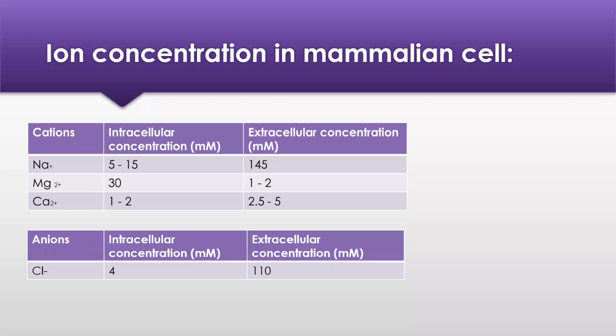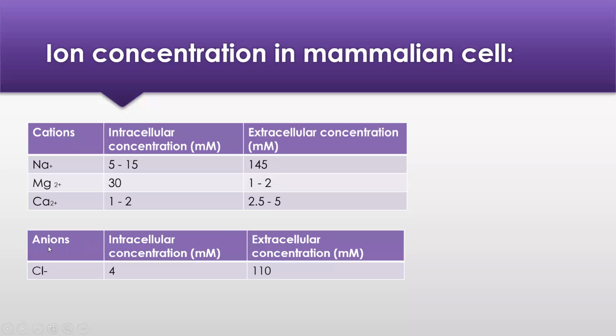Magnesium is around 30 millimolar inside the cell, and 1 to 2 millimolar outside. Intracellular calcium is 1 to 2 millimolar, and extracellular calcium is 2.5 to 5 millimolar.